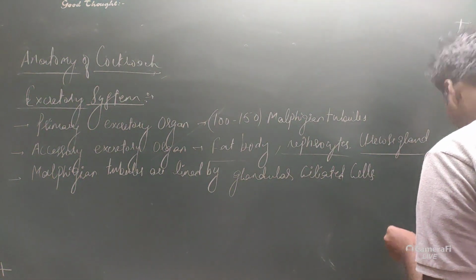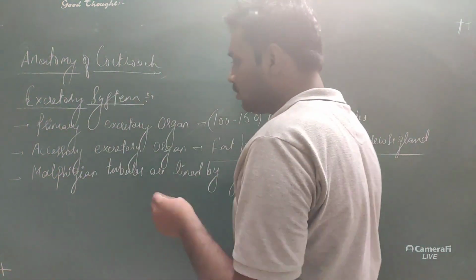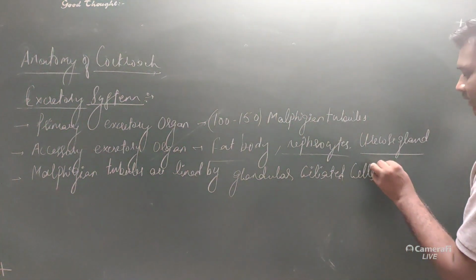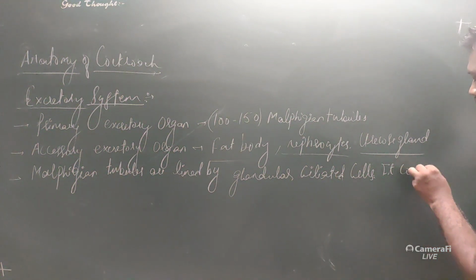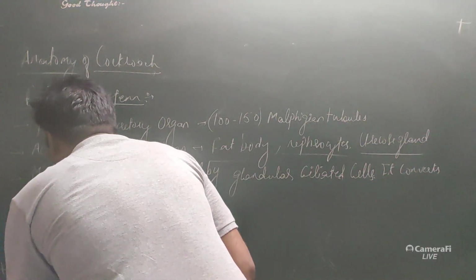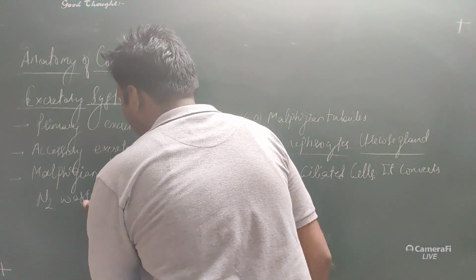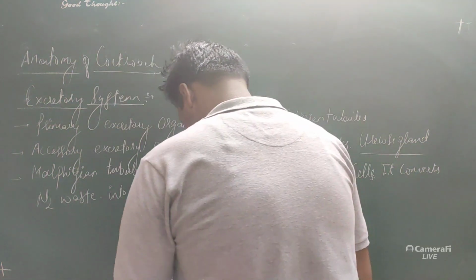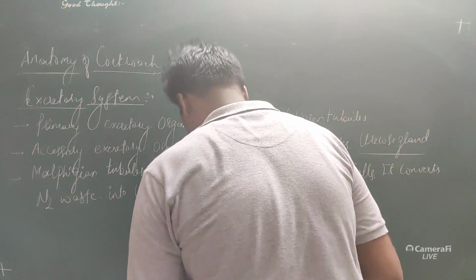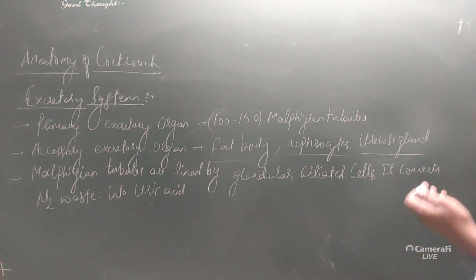Okay, glandular ciliated cells which absorb the nitrogenous waste material and convert it into uric acid, which is excreted out from the hind gut.